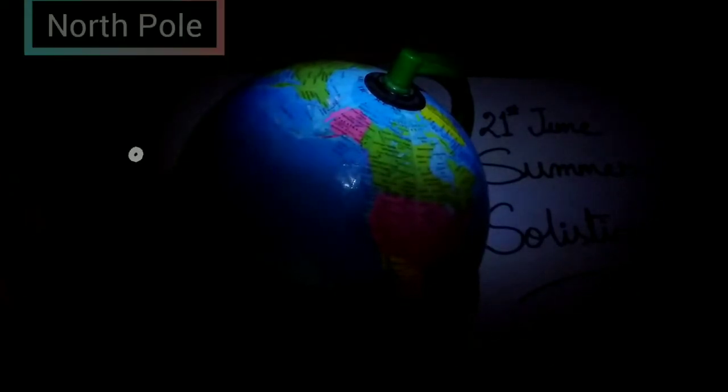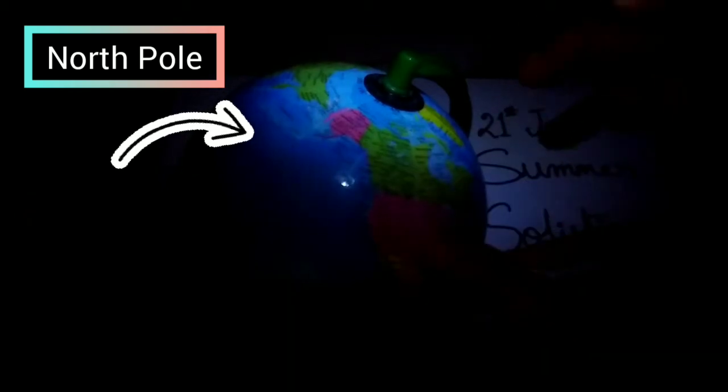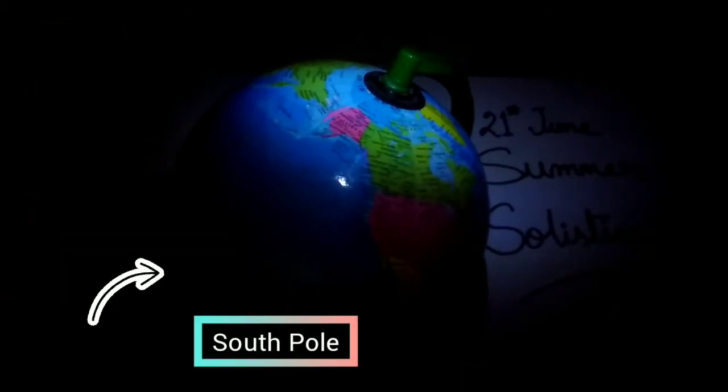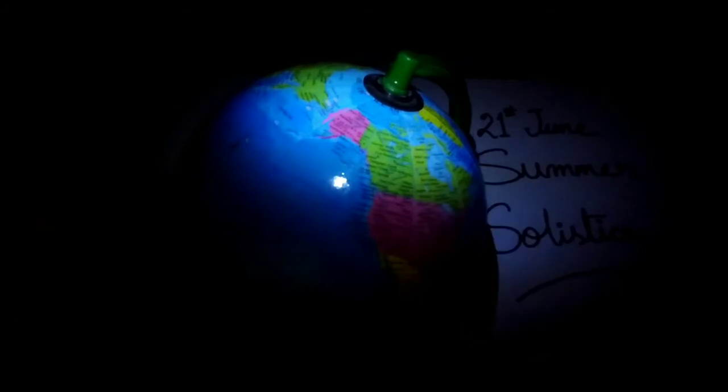Now you can see on this day, the North Pole is towards the Sun, it's getting so much light, while the South Pole is away from the Sun. On this day, the Sun's rays fall vertically directly upon the Tropic of Cancer, and all the parts of the northern hemisphere remain in the sunlight for more than 12 hours.